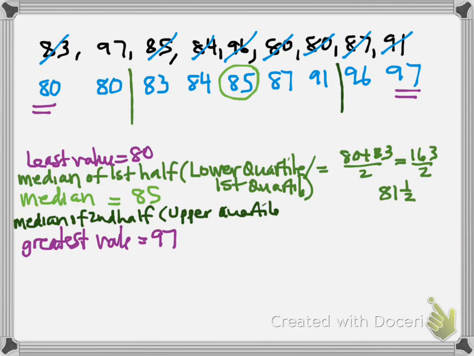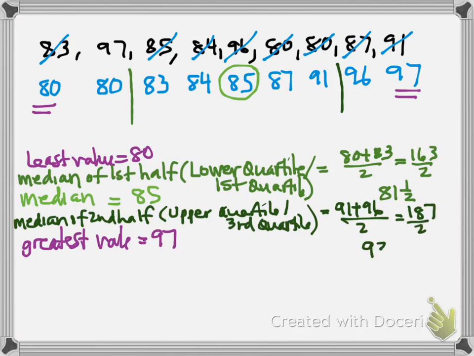So it's the third quartile. It falls between two numbers, so I do have to figure out the mean. We have 187 divided by 2 is 93.5.